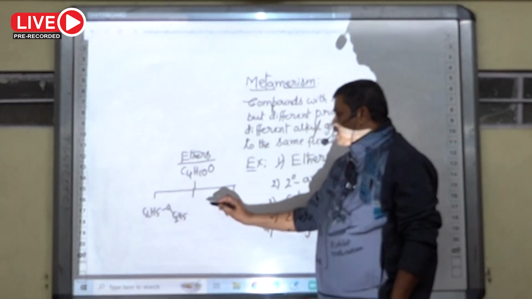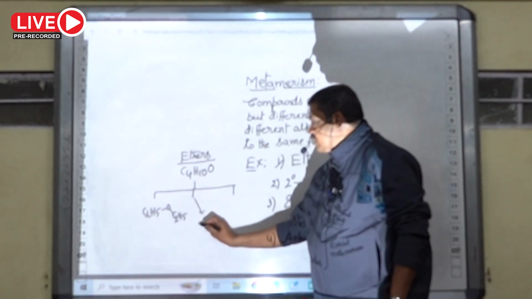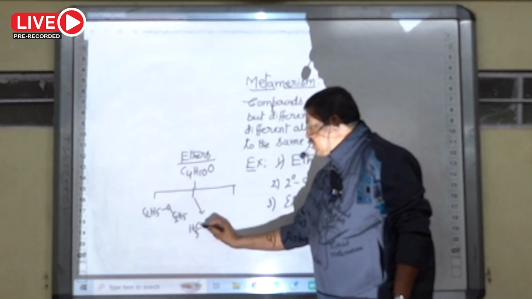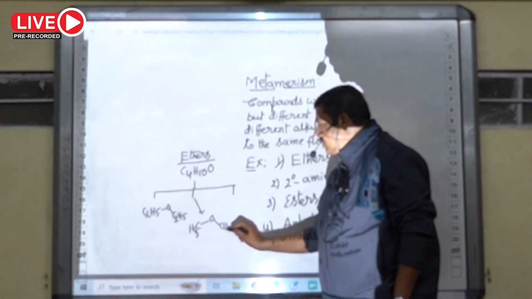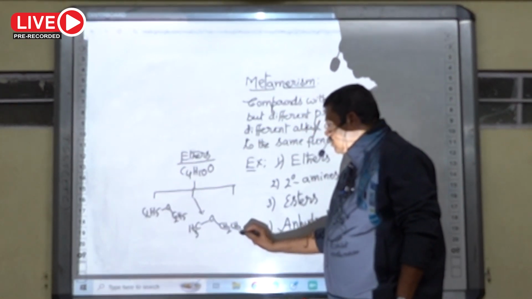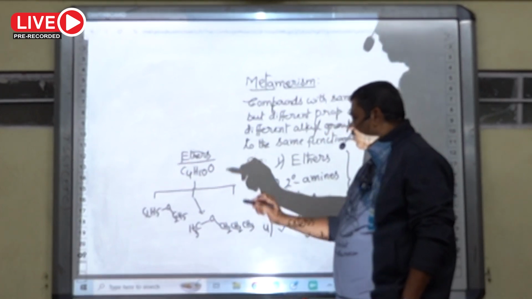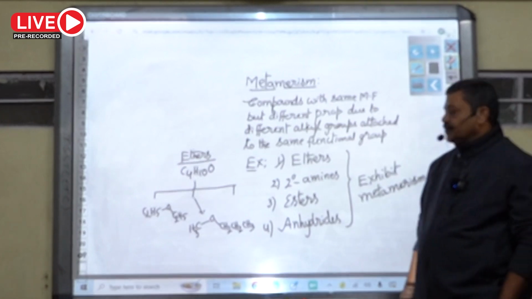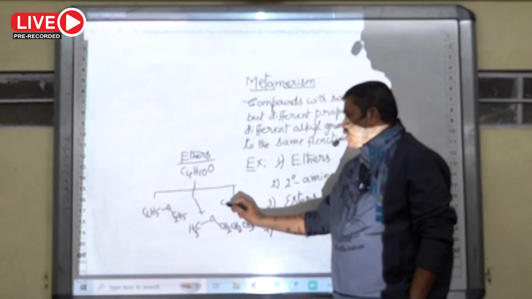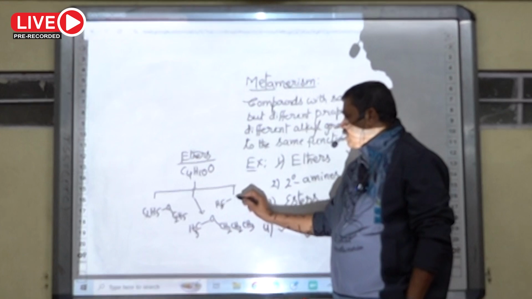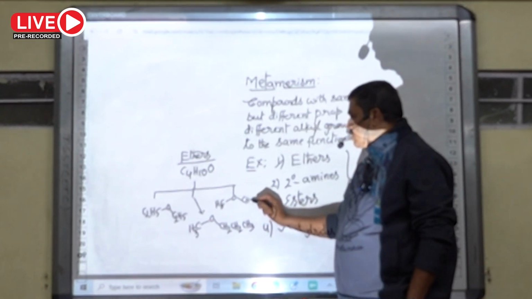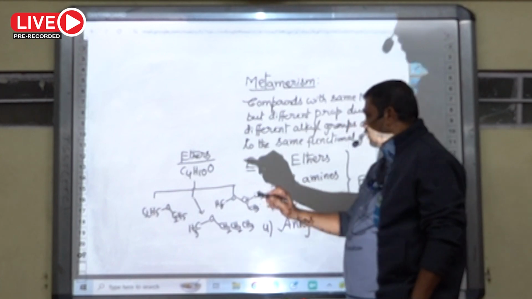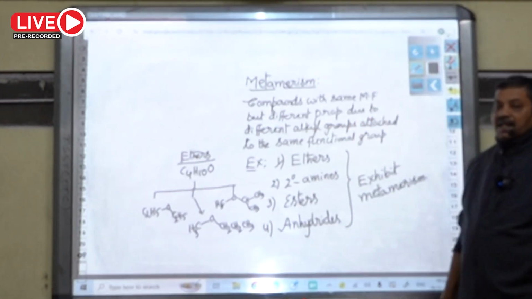The second one: CH3OCH2CH2CH3, methyl n-propyl ether. The last metamer: CH3OCH(CH3)2, methyl isopropyl ether.